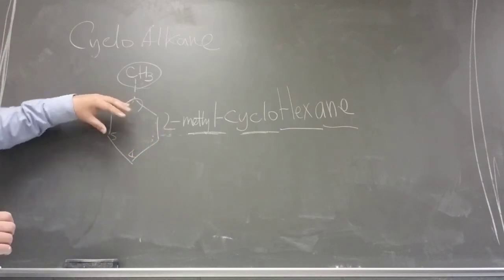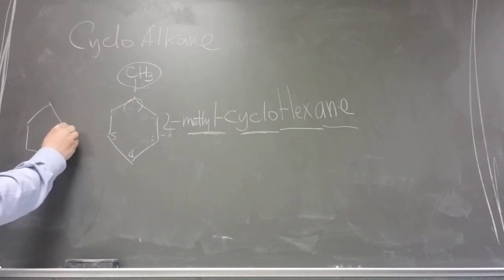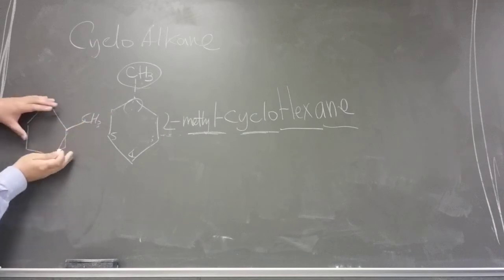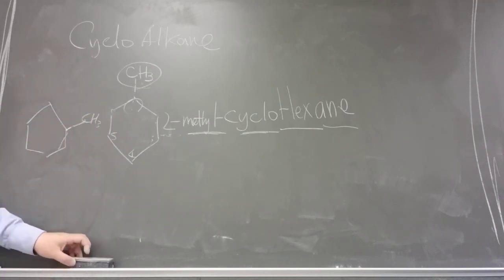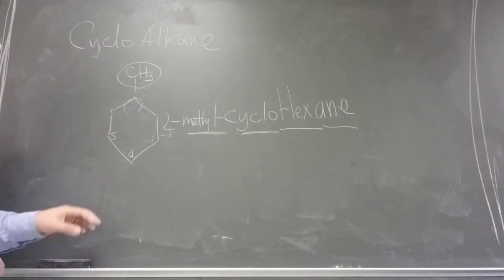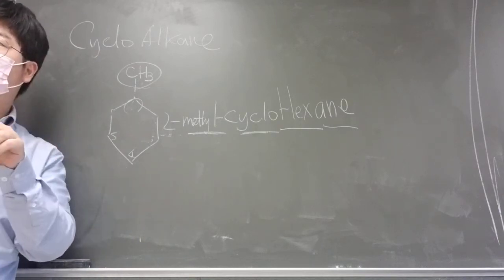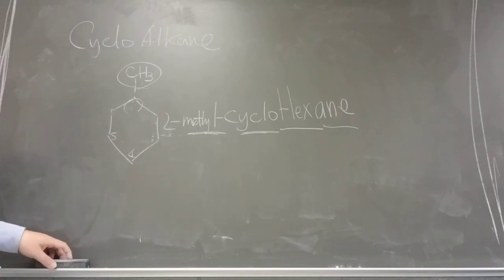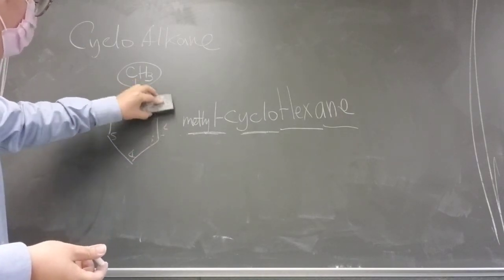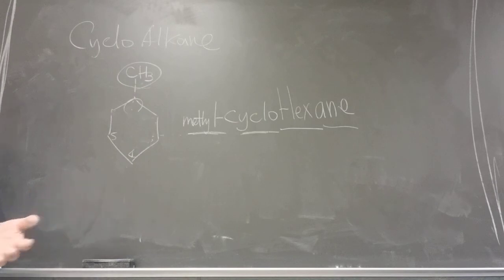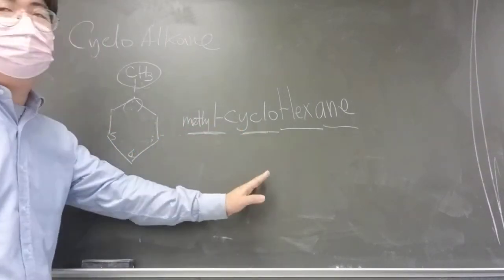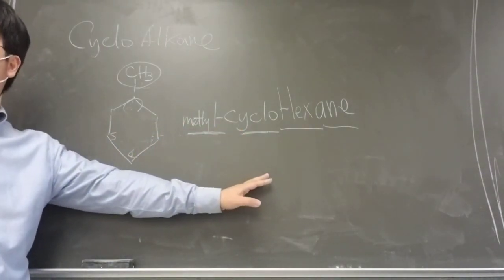If you just rotate it, now you can say it's maybe 2, but if you just rotate it, it's the same as 1. So if you have only one substituting group on the ring structure, people just know where it is. For cycloalkane with only one substituting group, just ignore the locant, that's fine. I don't think they even use it anyway. So we could just call this methylcyclohexane. Makes sense, right? Good. Okay, perfect.